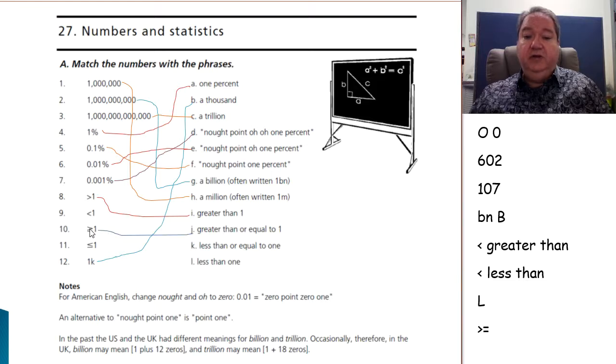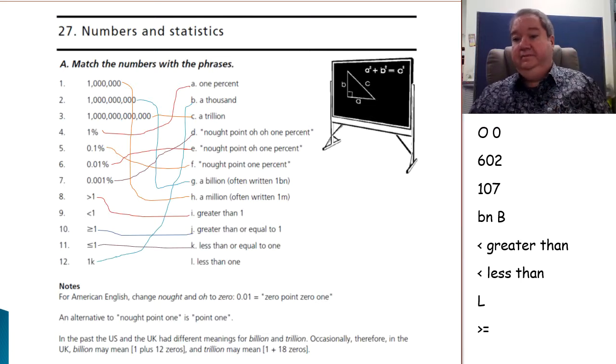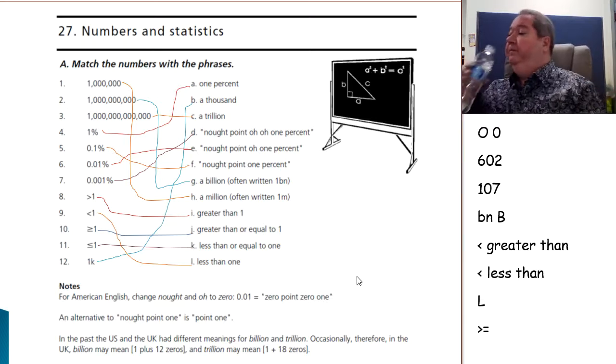You read this greater than or equal to 1. Less than or equal to 1 is just the opposite. Less than or equal to 1 means it's 1 or less. And less than 1 is not equal to 1. It has to be less than 1. It could be 0.9999999, but that's still less than 1. Okay? So check your answers there.